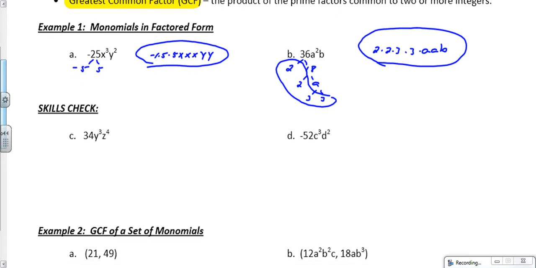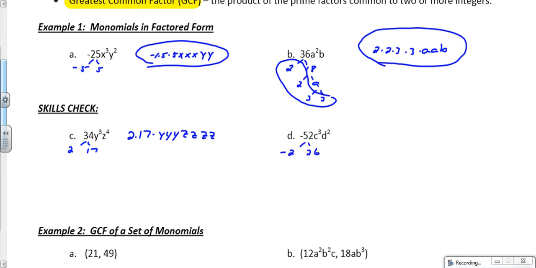Next question, same idea. So we have 2 and 17, I believe. 17 is prime, so our answer is 2 times 17 times, now there's 3 y's and 4 z's, and that is considered factored. Next one, 2 goes into that 26 times.